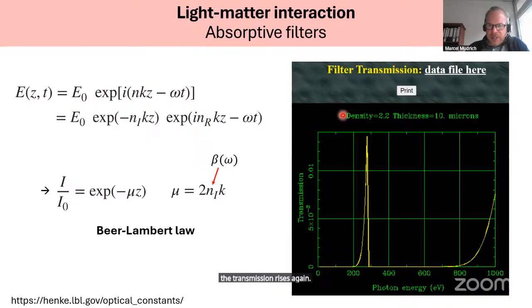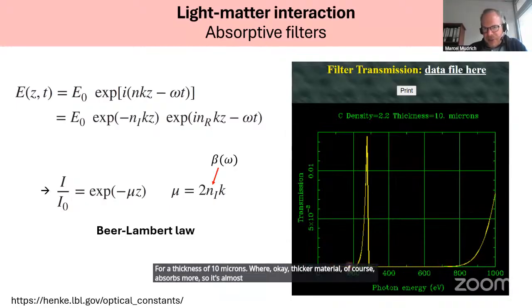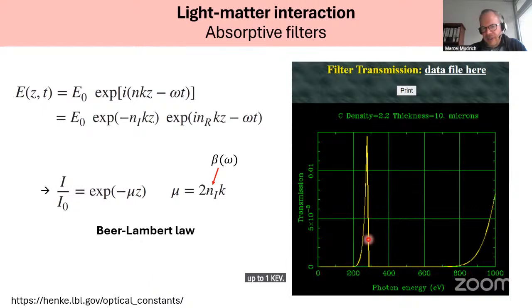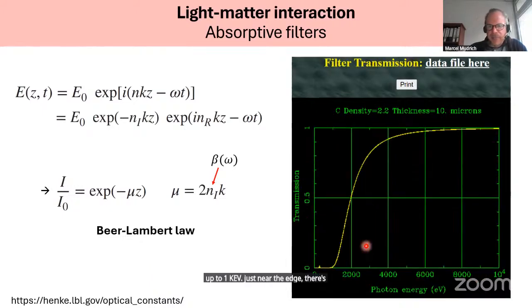That's the same carbon, only for a thickness of 10 microns, where, okay, thicker material, of course, absorbs more. So it's almost flat zero up to 1 keV. Just near the edge, there's this peak here.